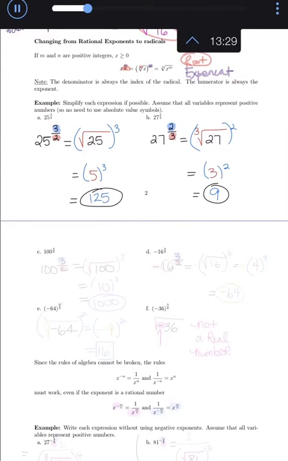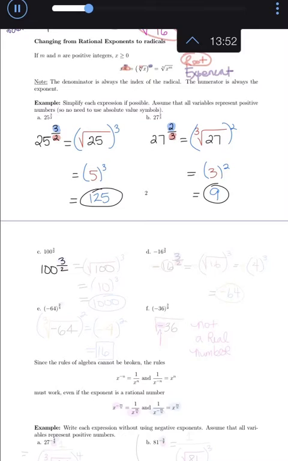The 3 on the bottom meant the cube root of 27, which gave us 3. The 2 on the top meant we square it, which is 9.